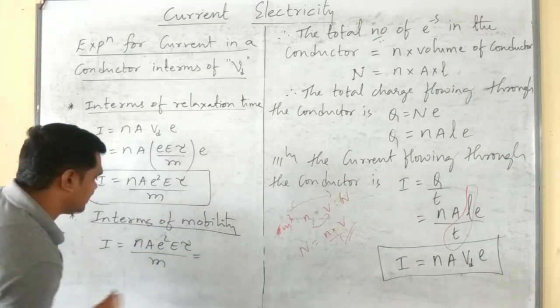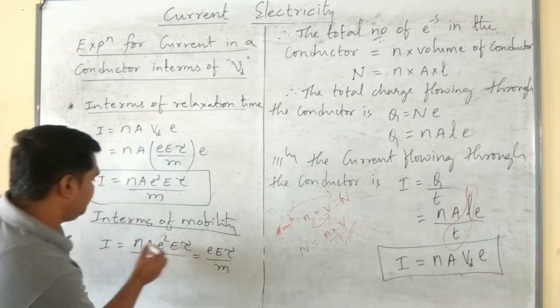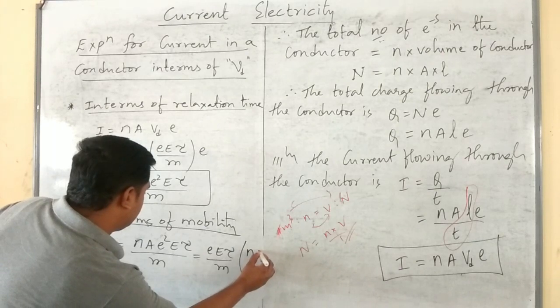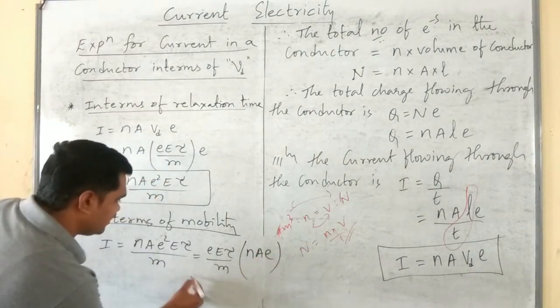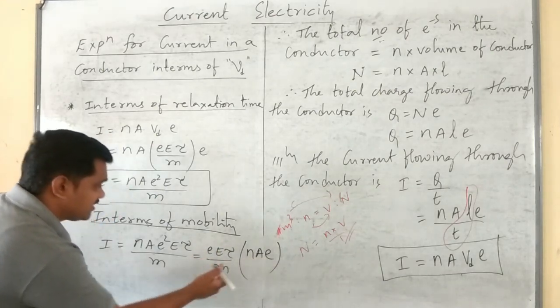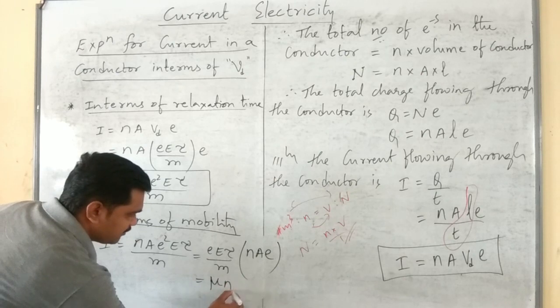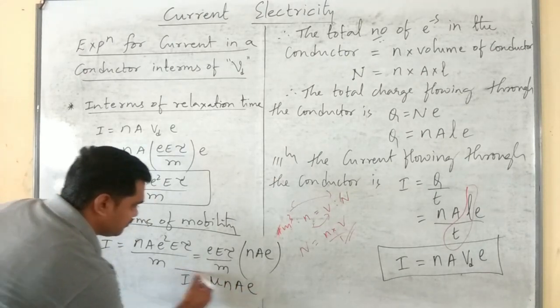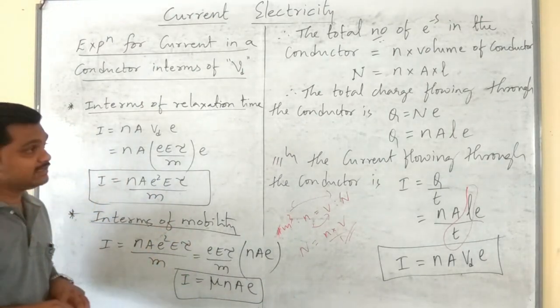In this equation, I will separate e tau divided by m. Then the remaining thing is n A e. Therefore, in place of e tau divided by m, we can write mu. Therefore, mu n A e E. This is the expression for electric current in terms of mobility.